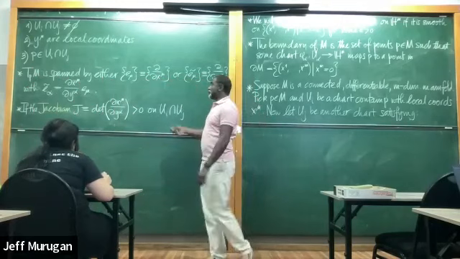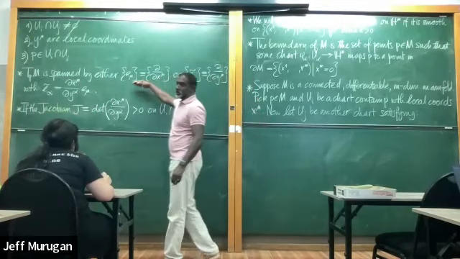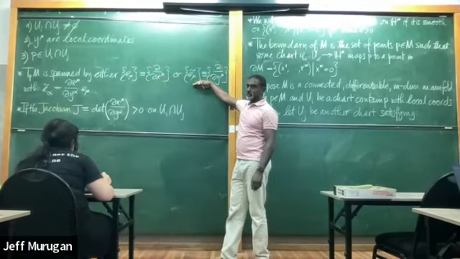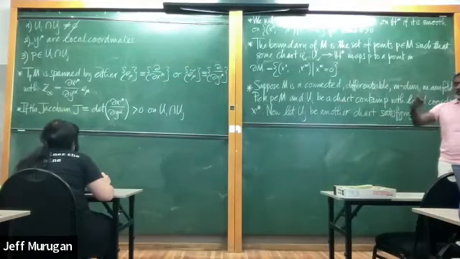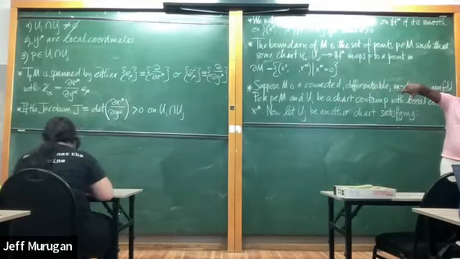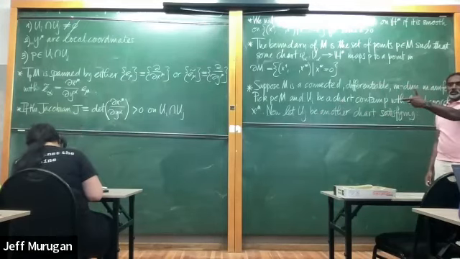That is to say, if this is a right-handed coordinate system, then this is a right-handed coordinate system. This map that comes from the transition functions doesn't flip it to a left-handed coordinate system.